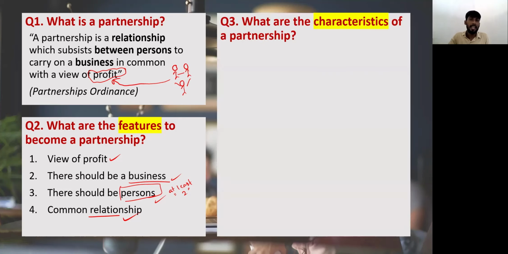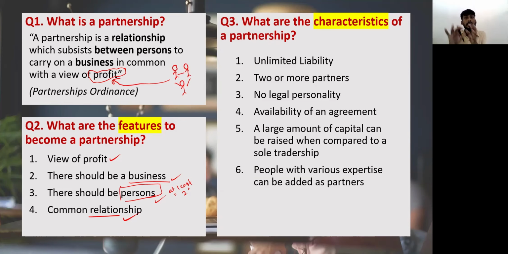Then, same as a sole proprietorship, there are some characteristics we can see in a partnership. This can also be an MCQ question, I guess. So what are the characteristics of a partnership? When it comes to a partnership, the same as a sole proprietorship, it has unlimited liability.